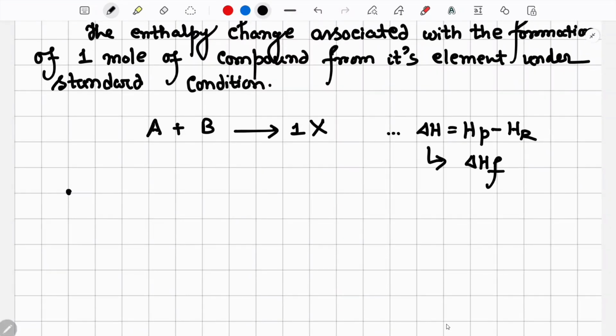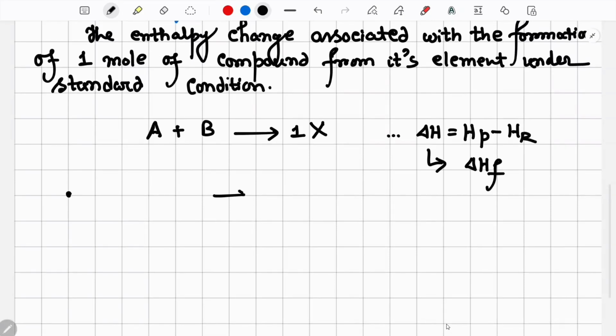Heat of formation of methane. So you have to prepare 1 mole of methane from carbon and hydrogen. So what will be here? C plus 2H2. For that, the change in enthalpy is actually the heat of formation of methane.